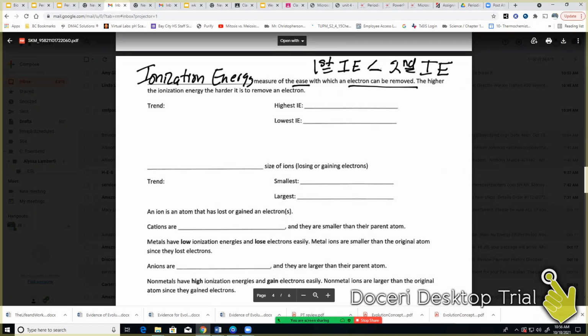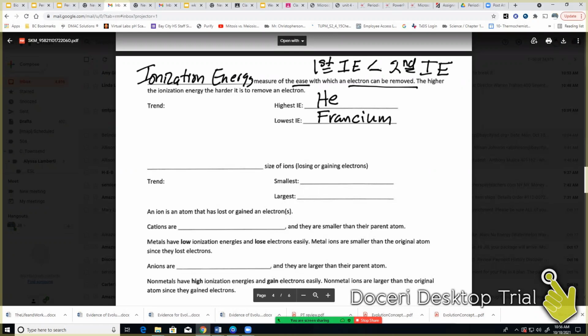So like magnesium, which is group 2, and it wants to lose 2 electrons, it's going to take a certain amount of energy to get the first one, and then even more energy to get the second one, because that second electron would be held tighter to the nucleus. So helium has the highest ionization energy and francium has the lowest. And they happen to be the 2 extremes for several different trends.